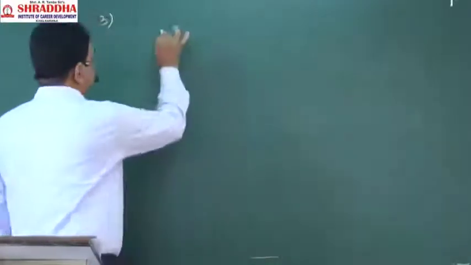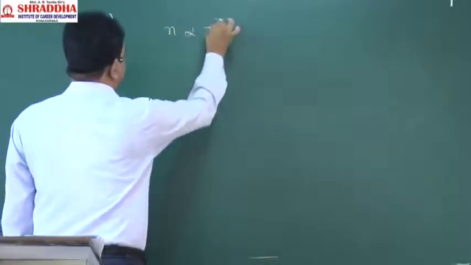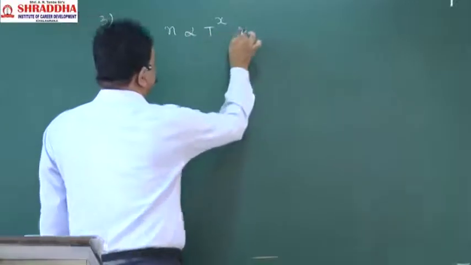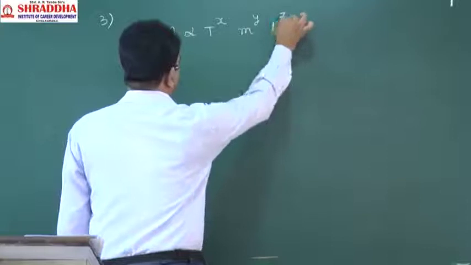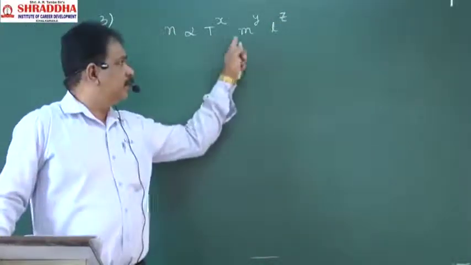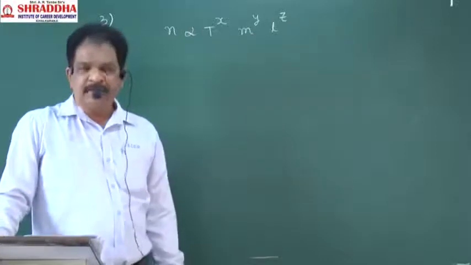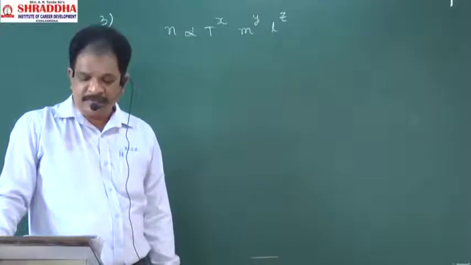So frequency depends on tension, mass per unit length and length. Then what is the formula for this, N? That is the question.